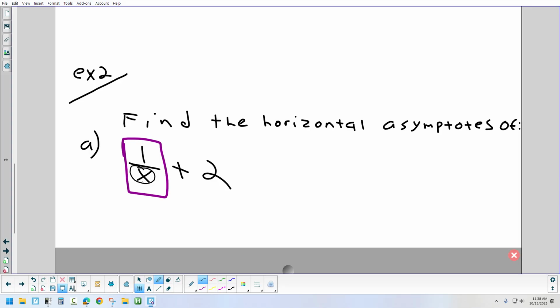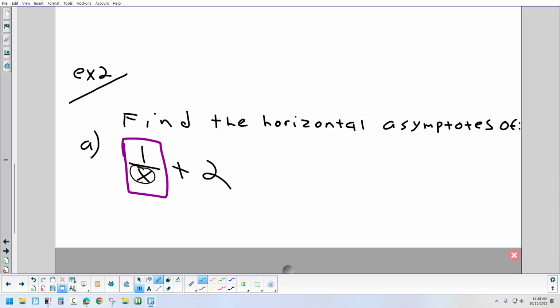As x gets bigger and bigger, whether it's a really big positive value or a really big negative value, this fraction is going to get extremely small and very close to 0. If you take something that's as close to 0 as possible and add 2 to it, you're going to get something that's very close to what? Yep. 2, very close to 2.